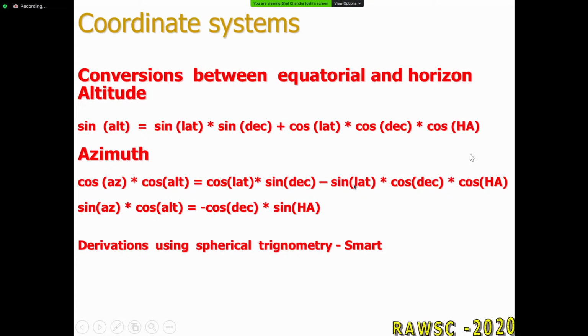So as a result of these expressions, you can directly see that the altitude azimuth is both place as well as time dependent. Place dependent because latitude has entered here, and time dependent because hour angle is a function of time. So by definition, these two coordinates will be place and time dependent.